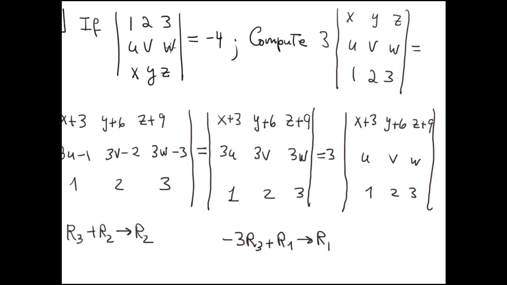Well, this row is the same, but you interchange this and this. And when you interchange this and this, the value of this new determinant is completely the opposite sign of this. So this is not negative 4, it is positive 4, and positive 4 times 3 is 12. The answer is 12. Okay, nice.